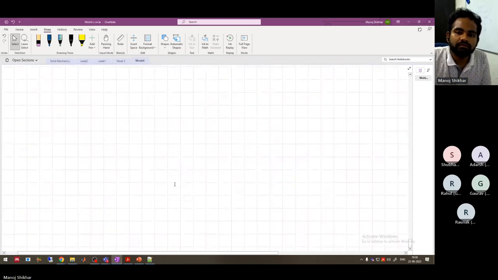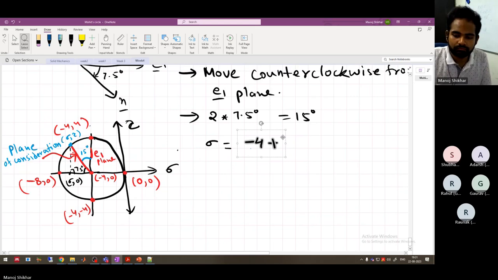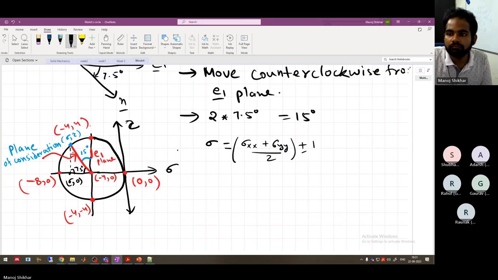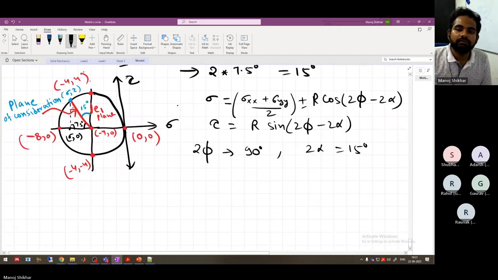So our answer will be sigma equal to -4 plus... maybe I should write that formula also. 2 phi is 90 degrees, 2 alpha is 15 degrees.